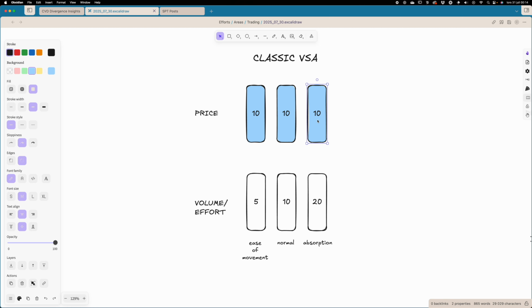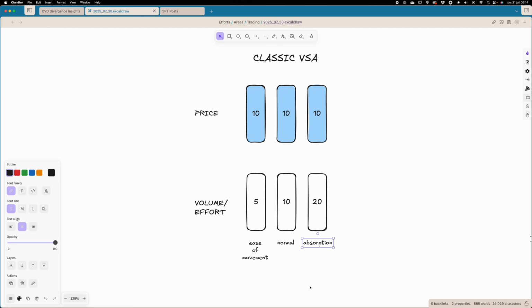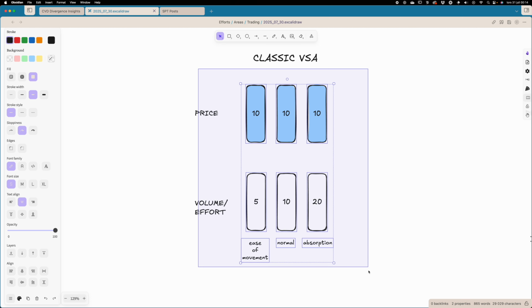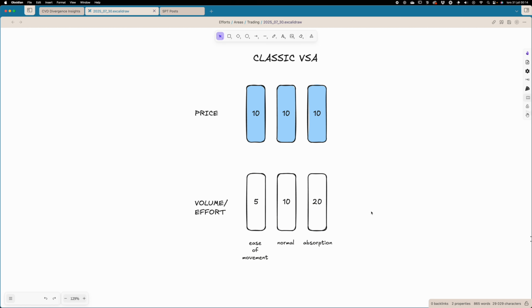And then if we only move 10 and had to expend an energy of 20 to do it, then there's some kind of battle going on inside of this bar, and one side is being absorbed by the other side. So all three of these situations are actually quite interesting on their own.